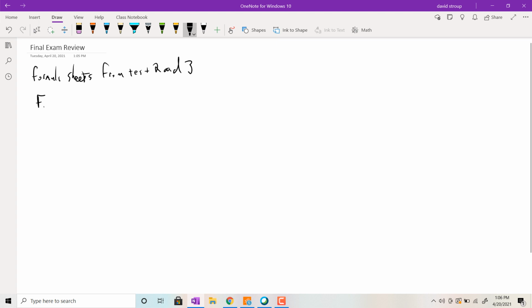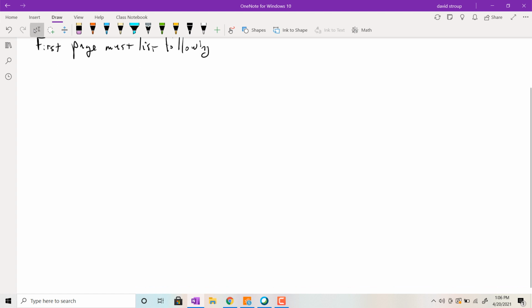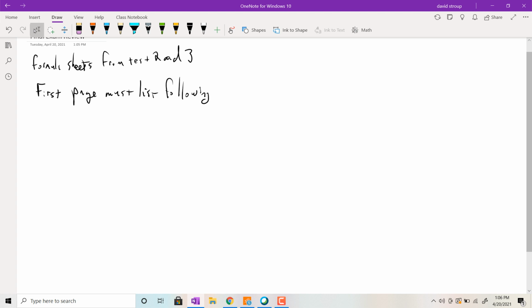On the first page, you have to do basically a memory dump. In my opinion, the major part of trig is just a lot of memorization. So first page, you have to first have that chart with all the reference angles on it.